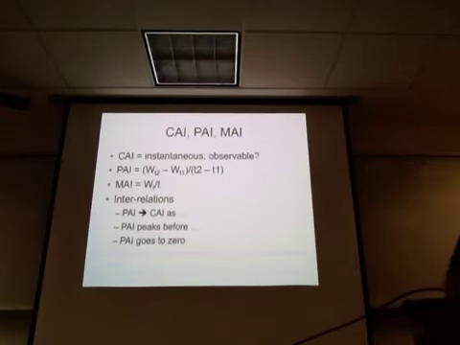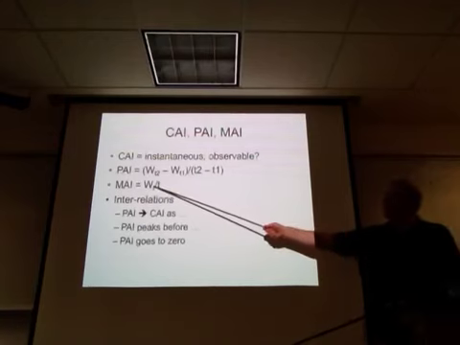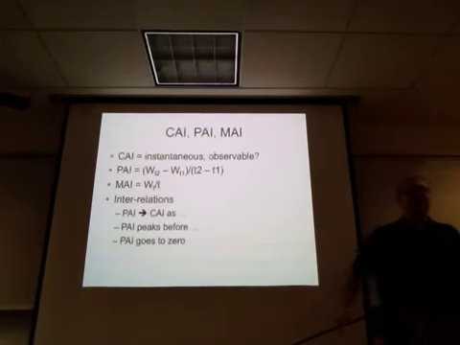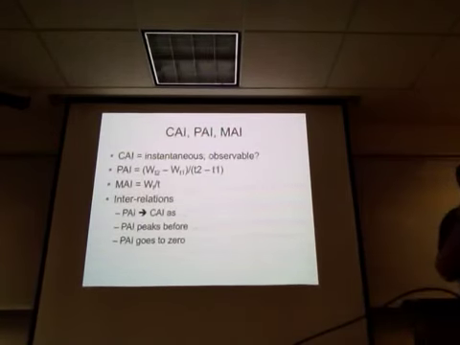PAI and also CAI go to 0. Mean annual increment does not go to 0, because mean annual increment is just size divided by time. Well, I guess it does go to 0 as time goes to infinity, but for any reasonable time periods, it does not go to 0.